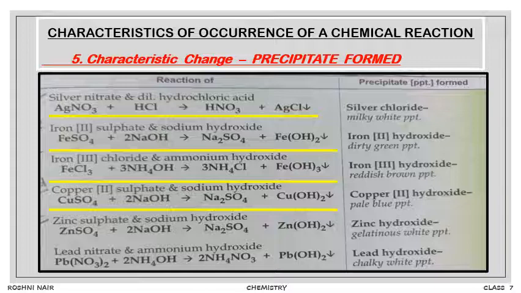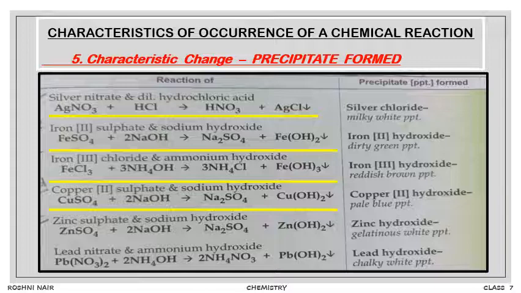And the last one is lead nitrate, Pb(NO3)2, when it reacts with ammonium hydroxide, NH4OH. What is the product formed? NH4NO3 and lead hydroxide. OH is hydroxide. We have seen iron hydroxide, iron 3 hydroxide, copper hydroxide, zinc hydroxide, and the last one is lead hydroxide.